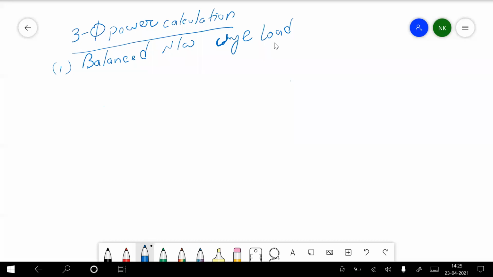So we have seen this. Now we have to see the balanced network for delta mode. We'll see what will be the thing for this. Then we'll go for unbalanced. Then thereafter, a few more things.